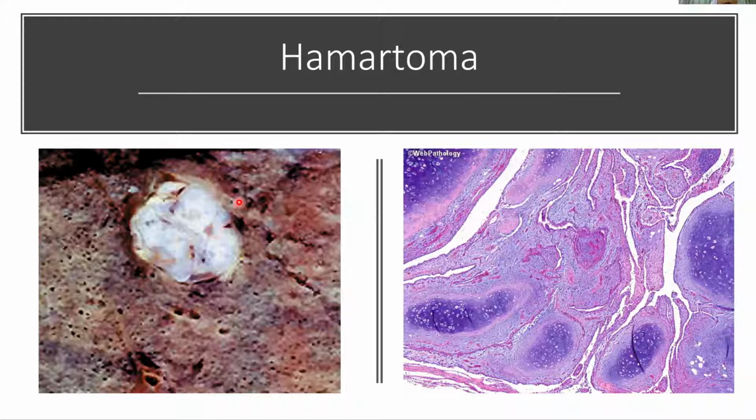When we resect it and look at histology, it is all composed of cartilage and fibrous tissue, meaning this component is actually made up of normal lung tissue. So actually this is not a tumor. Hamartoma means any normal tissue present in that particular organ that forms a nodule.